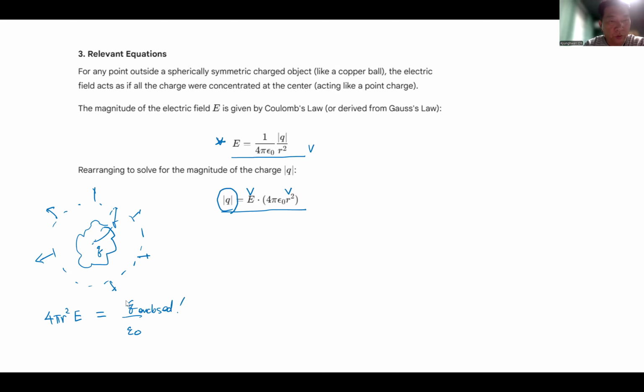Okay, so that's the same as this one. So I'm just emphasizing once again, you can either derive the electric field from Coulomb's law by integrating a charge element, but you can also do it with the Gaussian surface integral.